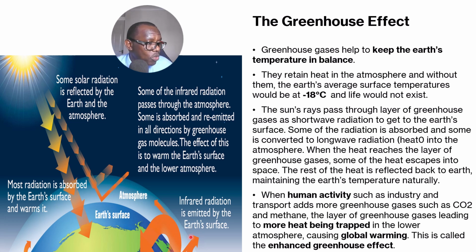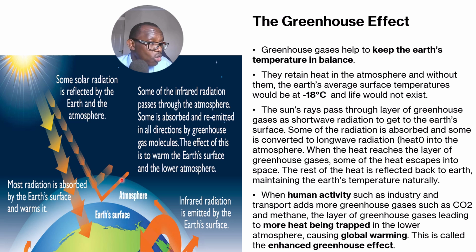Now, in the atmosphere, you have a layer of greenhouse gases that occurs naturally, and that layer of greenhouse gases will trap some of the heat that has been converted into long wave radiation back towards the earth, and that heat is what maintains the earth's equilibrium in terms of temperature. So it creates a balance, and that is what keeps the earth's temperatures just right.